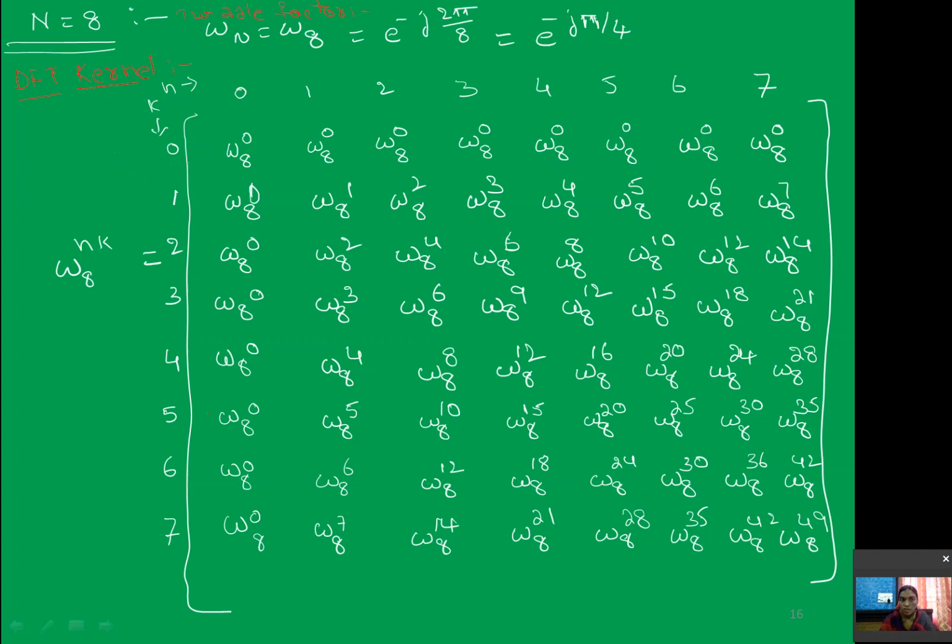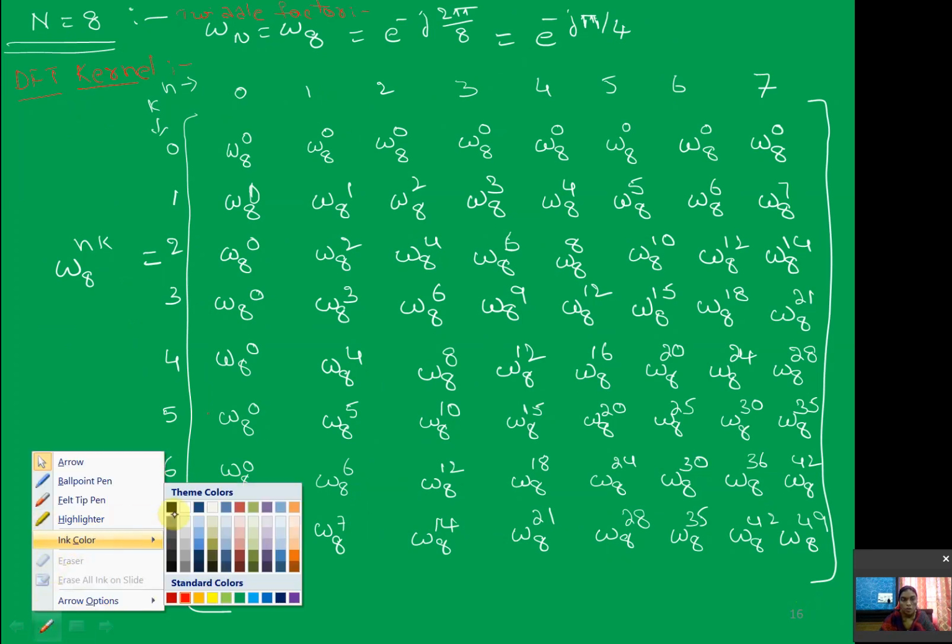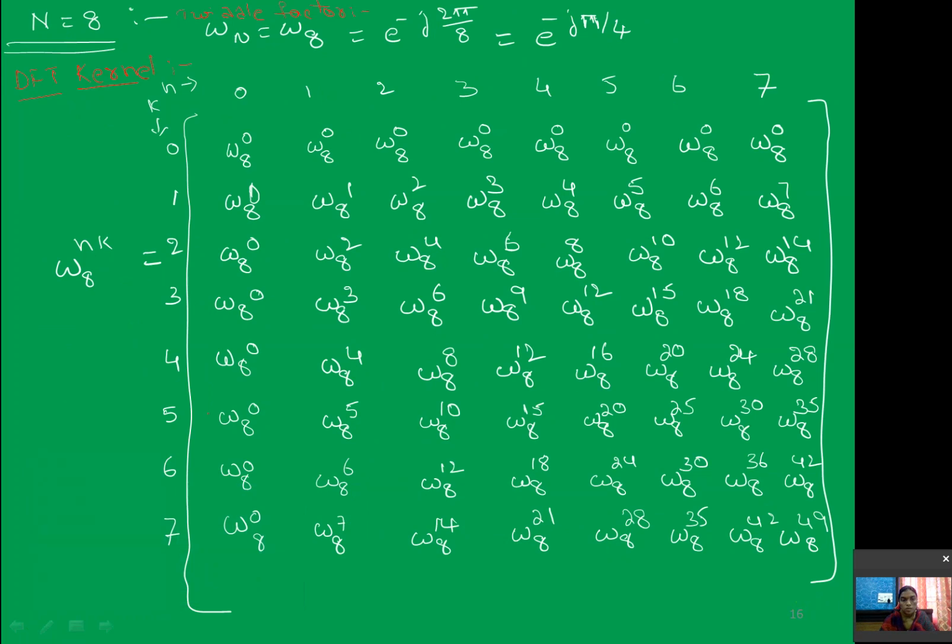So the DFT kernel or DFT coefficient for 8 points is an 8 by 8 matrix. That means how many elements are there? 64 elements. So 64 elements should be calculated.